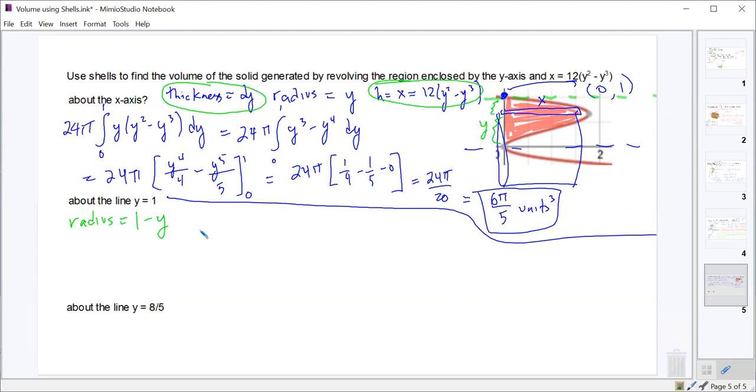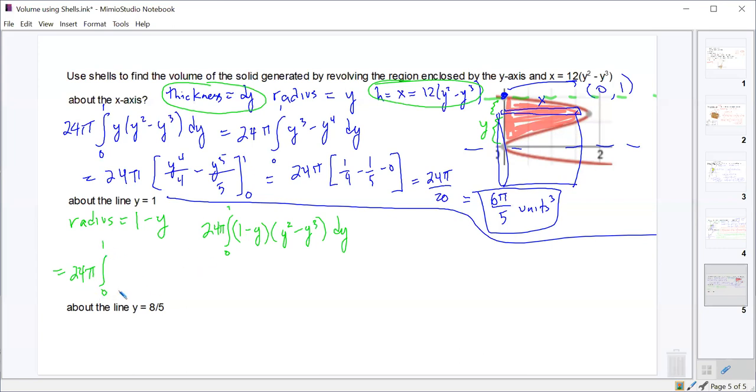So I should, again, be able to set this up as 2 pi times the 12, 24 pi, integral from 0 to 1. Now it's 1 minus y times y squared minus y cubed dy. Oops, I forgot my pi.